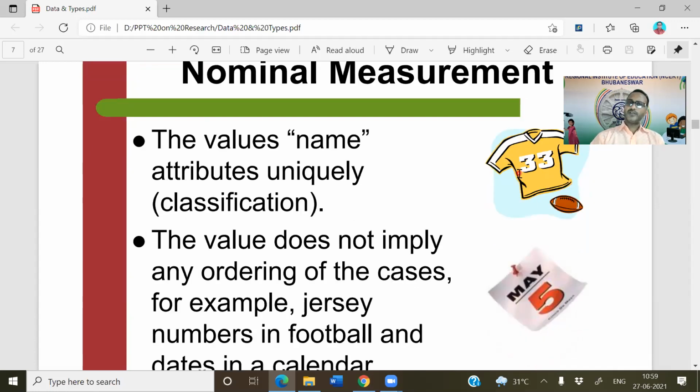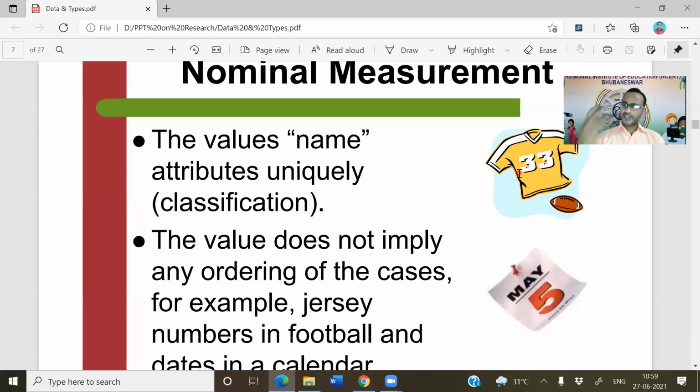So therefore, some people say nominal scale is not a measurement. You are not measuring anything. You are only labeling. Yes, she is Gayatri and she is Kohli. And this is the roll number. Your roll number is an example of nominal data.